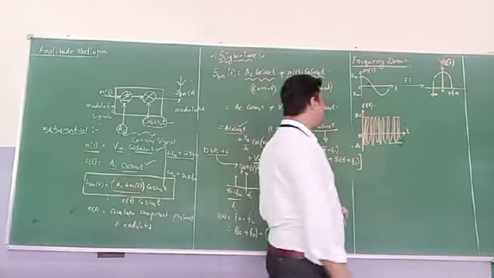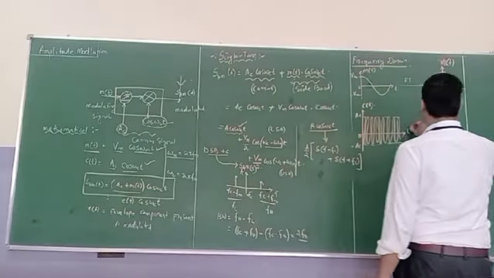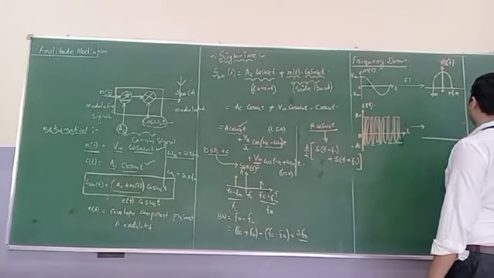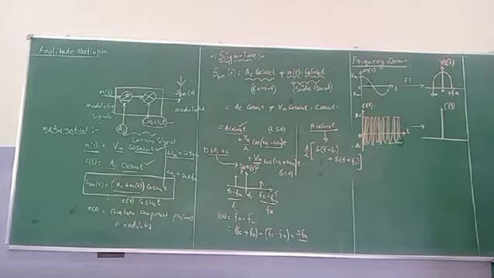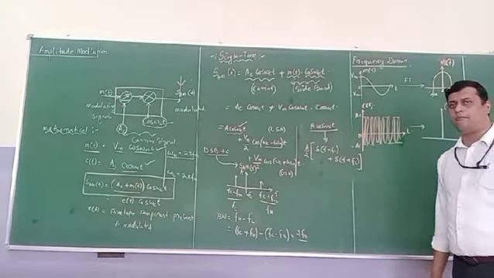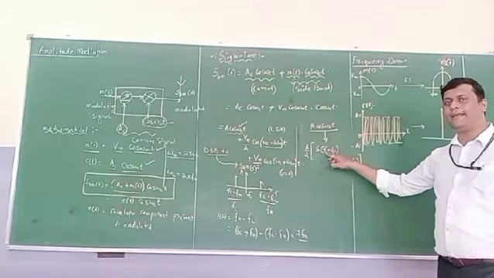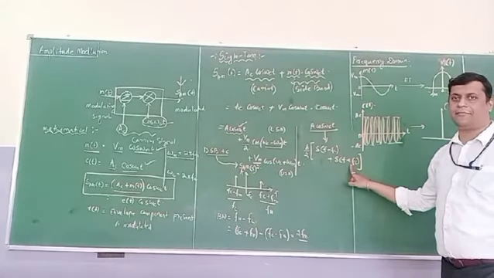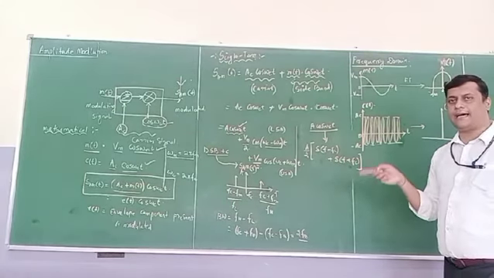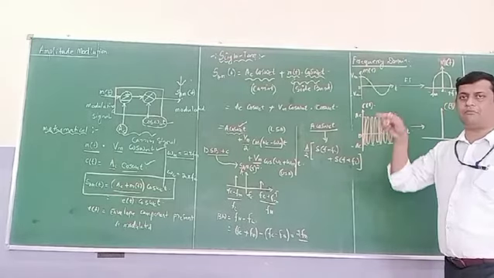Okay. Now what does this indicate? If I am representing it in the frequency spectrum, this is C of f. There are two components available: one is f minus fc, one is f plus fc. That means there are two components at fc and minus fc.